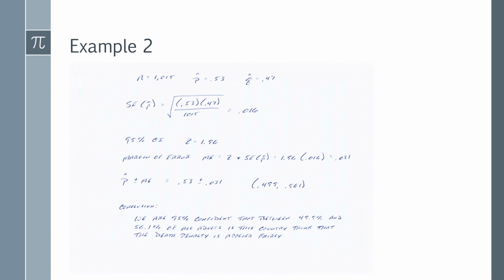Of all adults in this country, because if you look at the original question, they sampled all adults in this country. And then what are we talking about in this confidence interval? The question was, do they think the death penalty is applied fairly? All of that is in our conclusion. So it's very important that the conclusion is written in the context of the question that you are being asked.